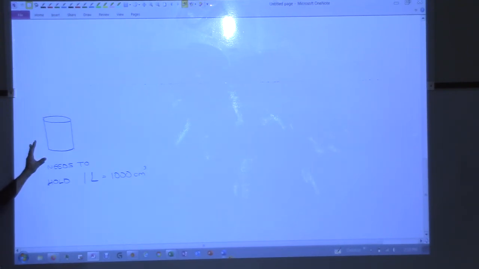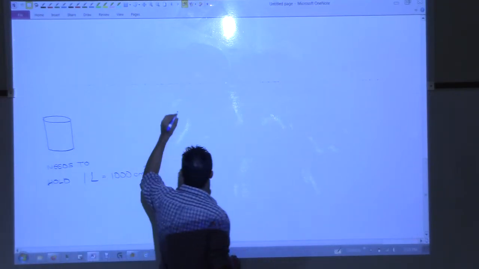Okay, so volume is a 3-dimensional thing, the amount of stuff inside of a container. We already know how much stuff has to be inside. We want to use the least amount of material, which is going to be the outside surface of the can. So it should be area. So we want to minimize the area.